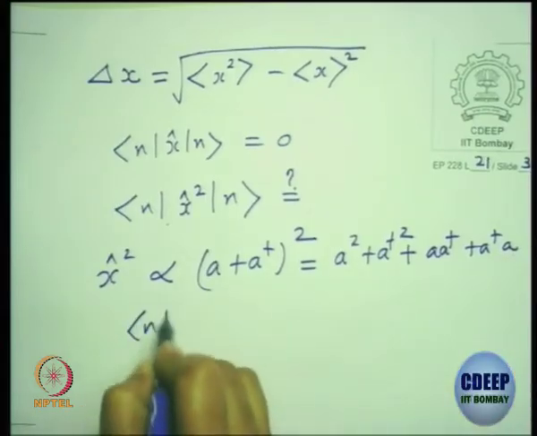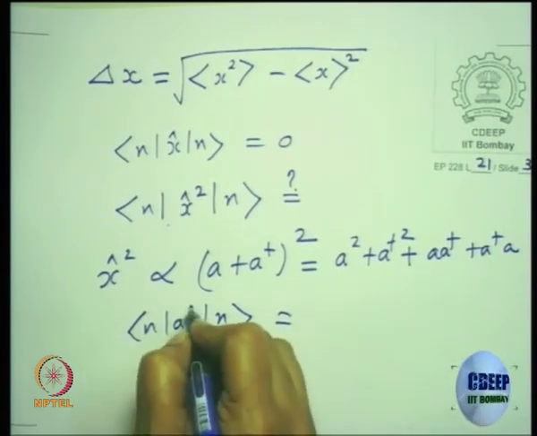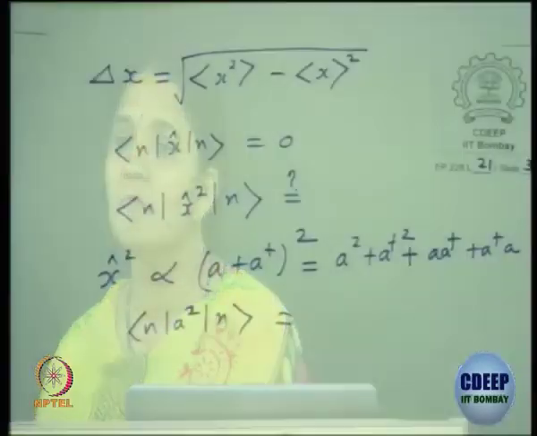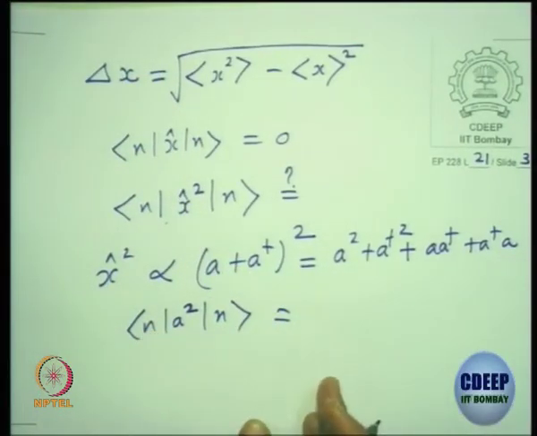What will be the matrix element of a squared? Somebody? a will reduce it, it's a lowering operator, to n minus 1. Another a will reduce it to n minus 2. And then the matrix element of n and n minus 2 is always 0.